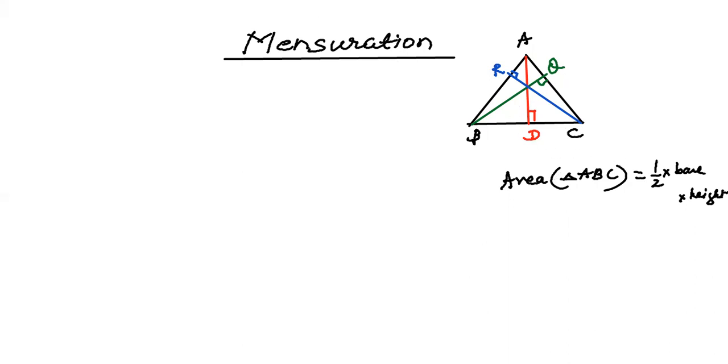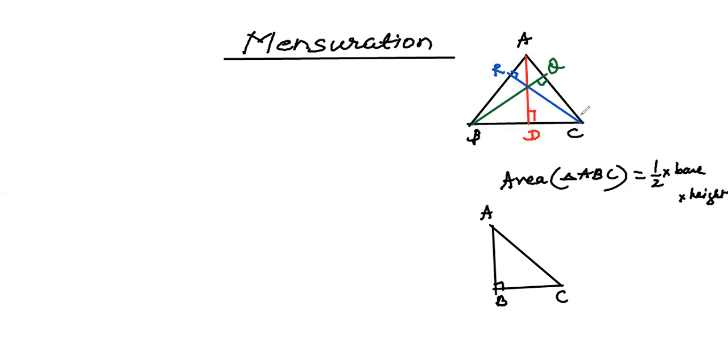Now, in case of a right angle triangle, you can see, children, the sides are making 90 degrees. That means AB is perpendicular to BC.